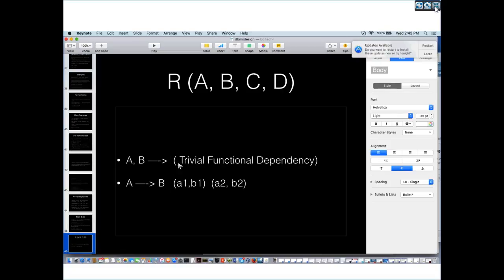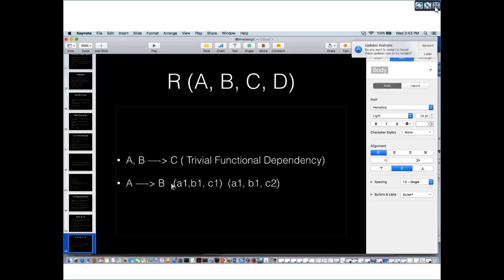If you put something like C here, then it becomes non-trivial because it shows that when the value of A and B are the same between the two tuples, if you have C1 here, and another tuple A1, B1, you cannot have C2 here. That's what this dependency means.